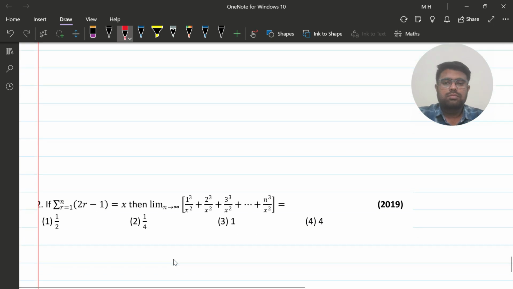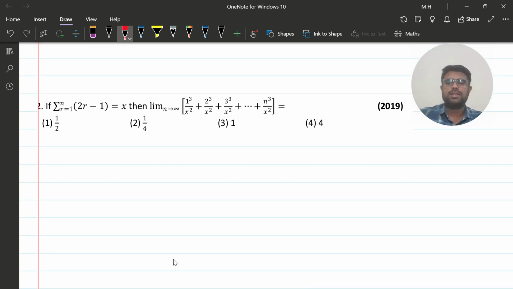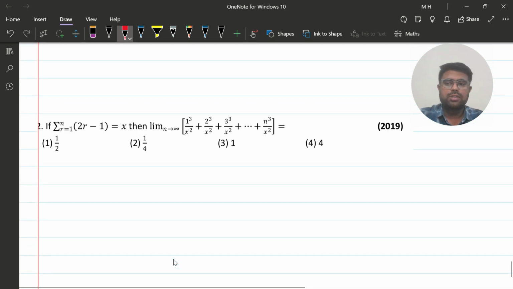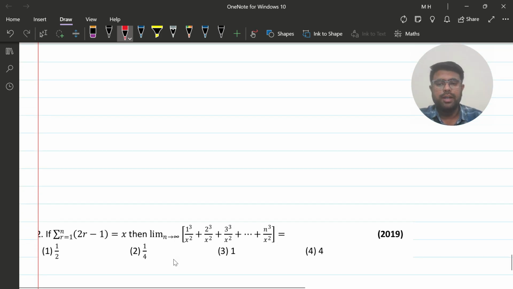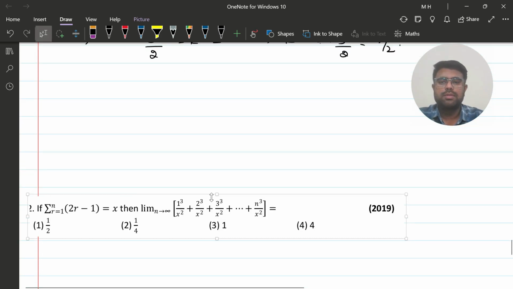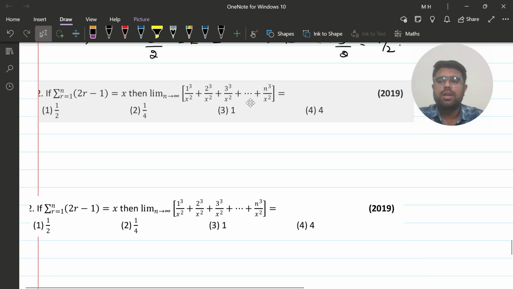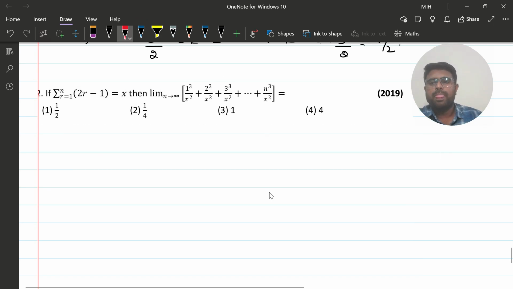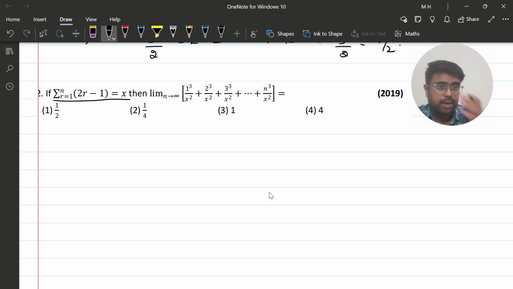Fine. So let us take up, I think, the last question, which was asked in 2019. Okay, the question says, if the summation of this is equal to x, then the limit of so and so is equal to, fine.